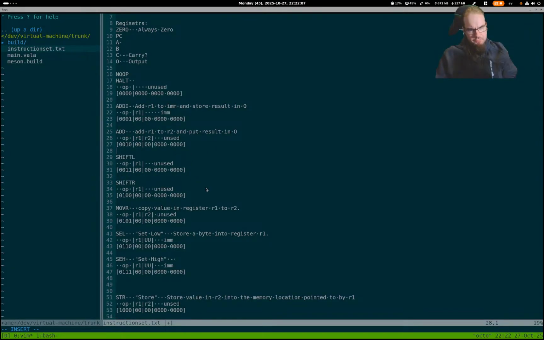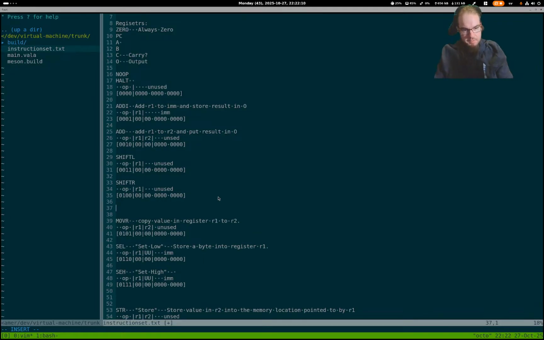Shift left, shift right. Shift left and shift right basically is multiply and divide by 2. So yeah. And then we have multiply and divide. Mul and div.